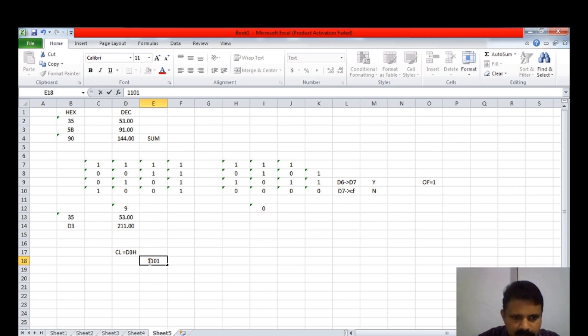The MSB is 1, so this represents some negative number. Then what is that negative number? A is 10, B is 11, C is 12, D is 13, so 1101 0011. This was the pattern.